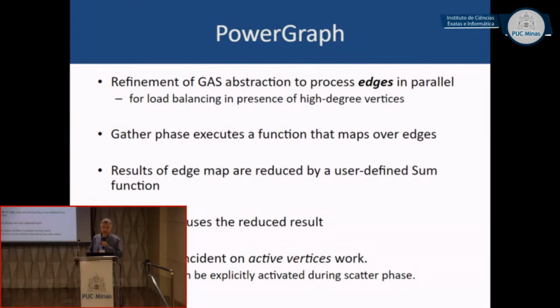Okay, when you have edges, you can just have the same amount of edges taken care of by each thread in your implementation. In the gather phase, a function is executed over all the edges. Then the results of these functions are reduced by a user-defined sum function. And then the apply phase uses this reduced result. And I should also mention that the only edges that are allowed to work are the ones incident on an active set of vertices.